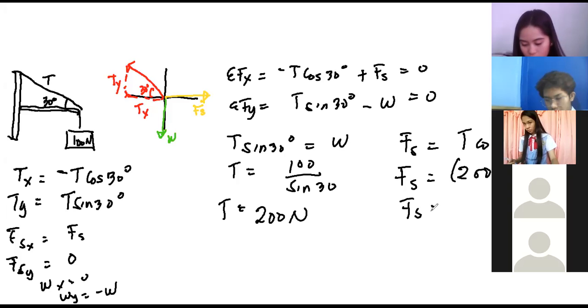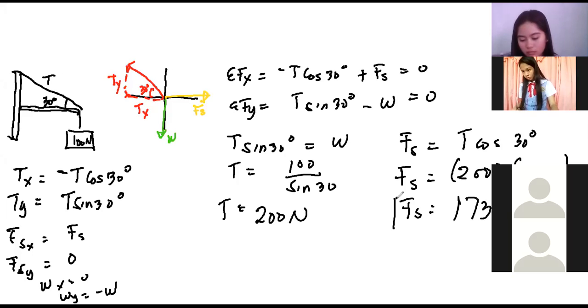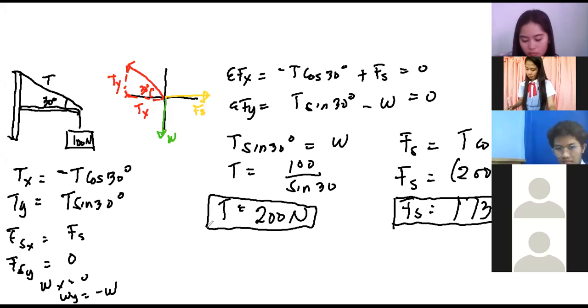So your strut is giving a force of 200 times cosine 30. And that is 173.2 or 173 Newton. So this will be the force exerted by the strut, and it is the force exerted by the cord or by the cable.